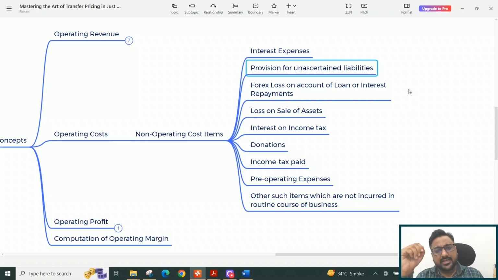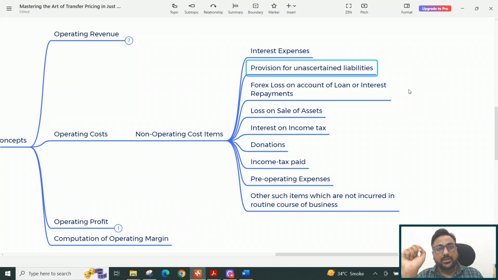There are many other examples, like forex loss on account of loan or interest repayments. If interest is excluded, then the forex fluctuation on the payment of interest to your overseas bank or overseas entity also needs to be excluded when arriving at the operating cost.